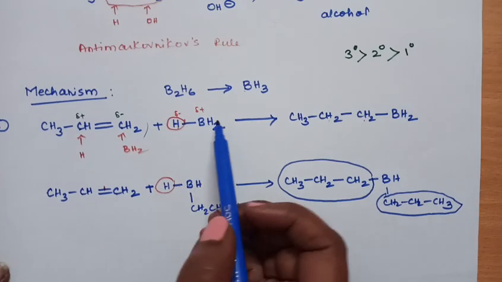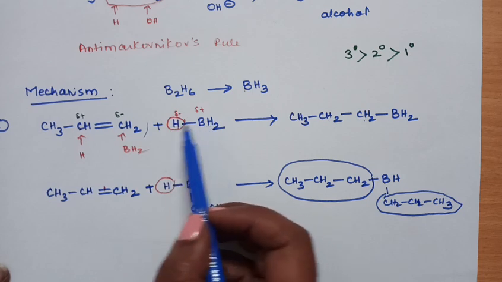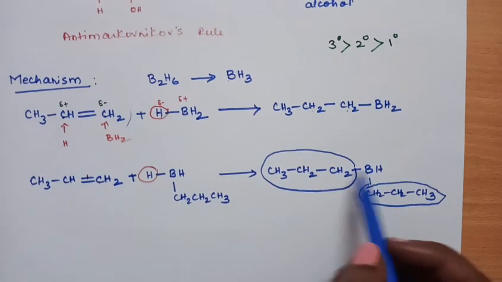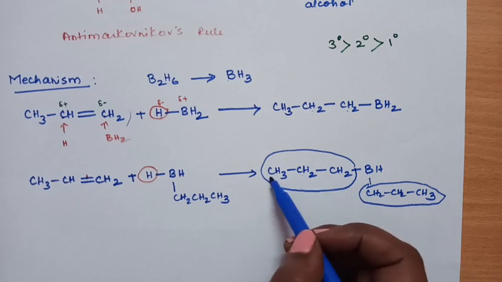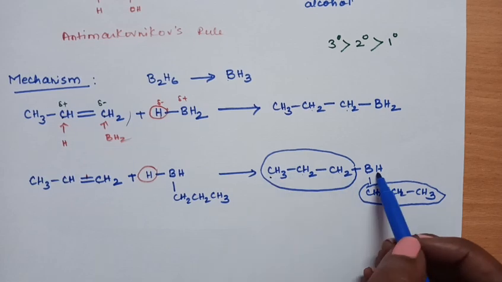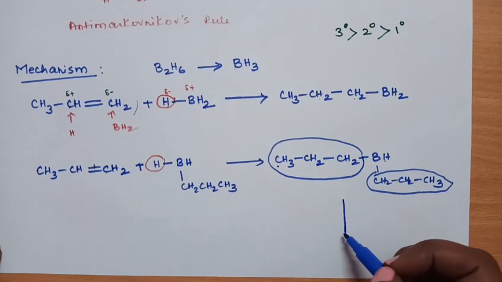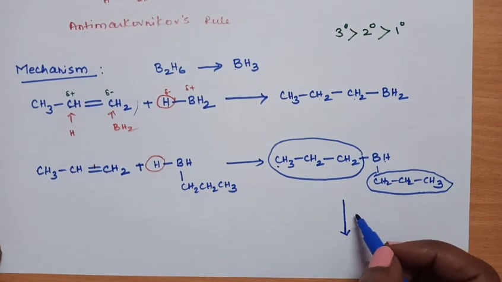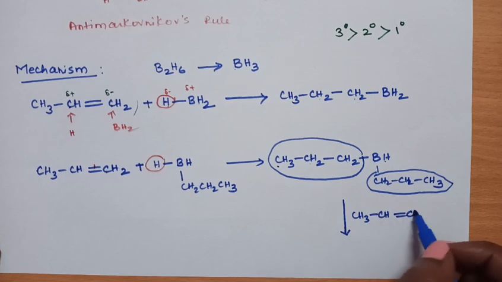So we started with 3 hydrogens, 1, 2, 3. Here you can see 2 hydrogen atoms are changed to CH2, CH2, CH3 groups, and there is one more hydrogen. So again if you repeat the same step, treat this with one more alkene, CH3, CH, double bond CH2.